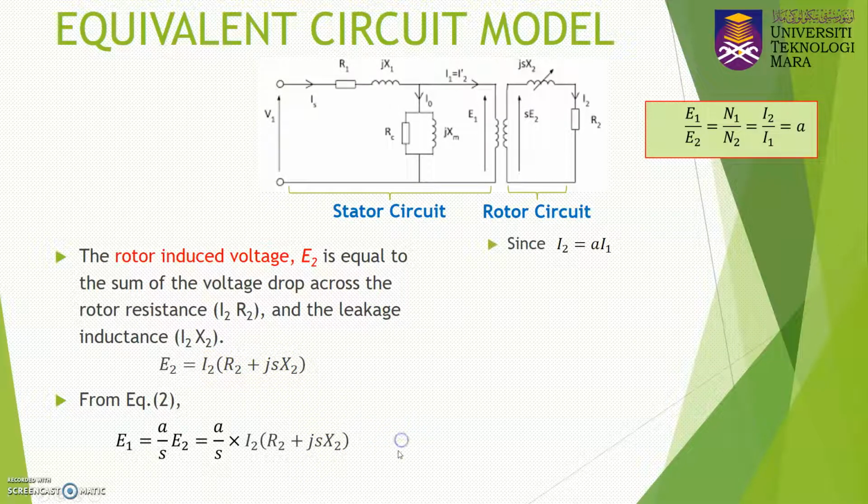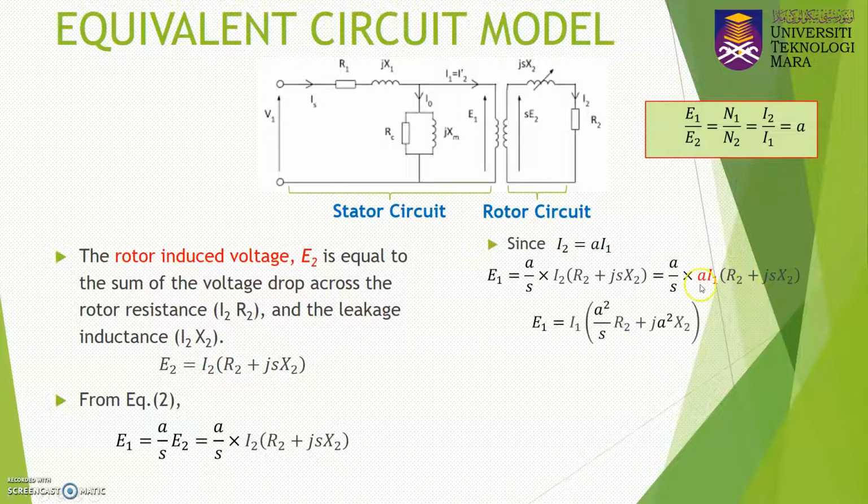Next, based on this equation, you know that I2 will be equal to A multiplied by I1. So we substitute the value of I2 with AI1. So you get E1 equal to A divided by S multiplied by AI1 multiplied by R2 plus JSX2.